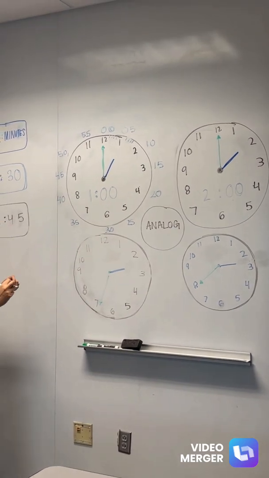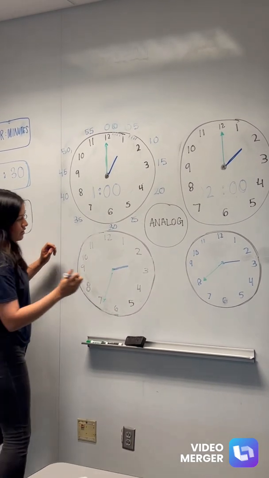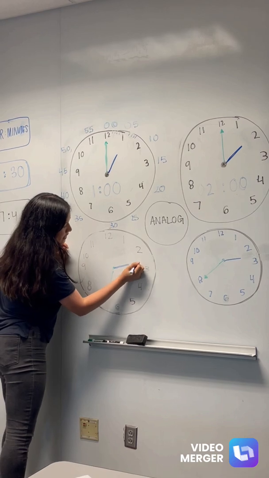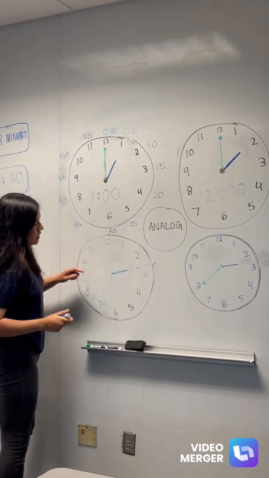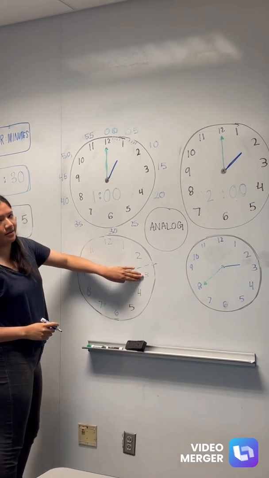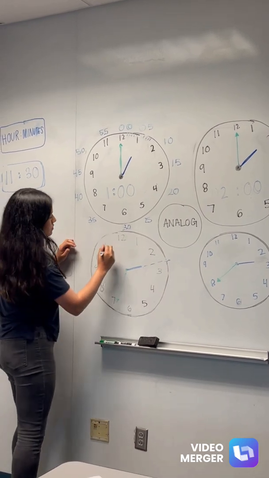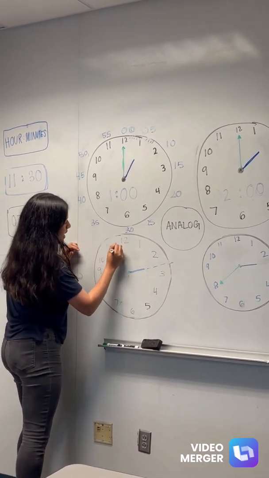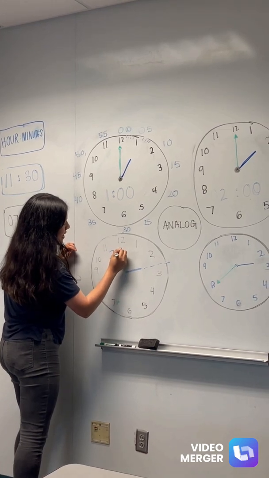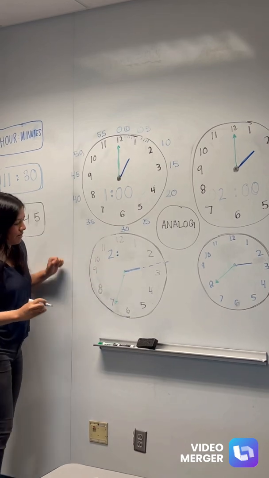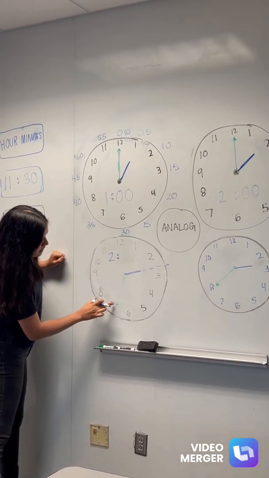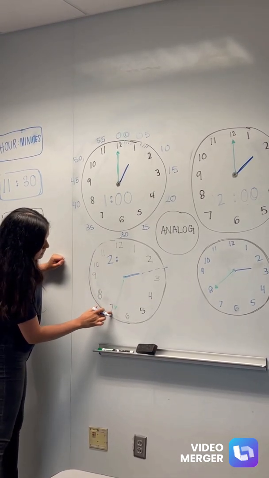Now we're looking at the next one. And if you look closely, you can see that the hour hand isn't really pointing at a number yet, right? So it is not 3 o'clock yet. It is still 2. So we're gonna have to see how many minutes have passed by in hour 2. So we see this one is pointing at this 7.